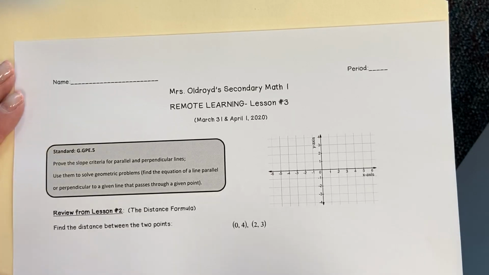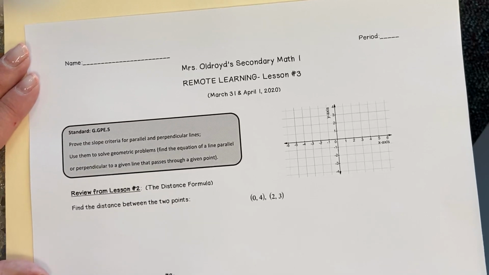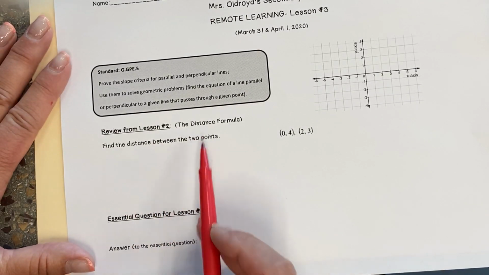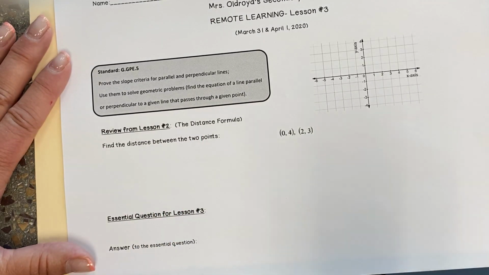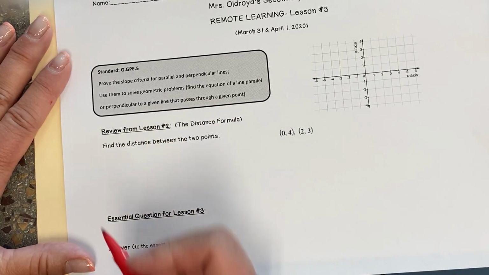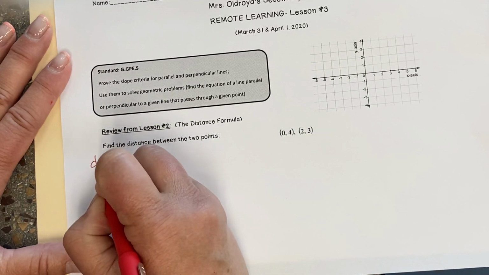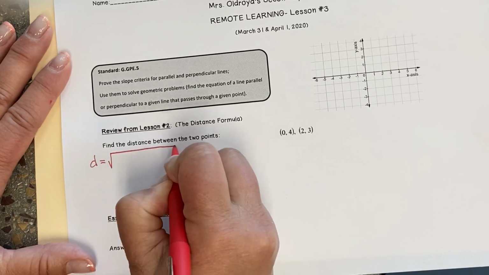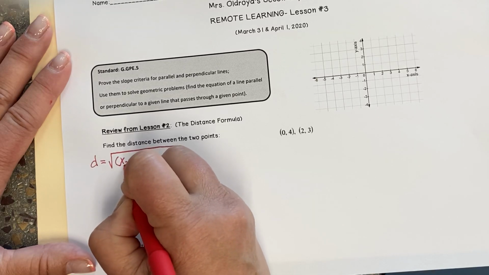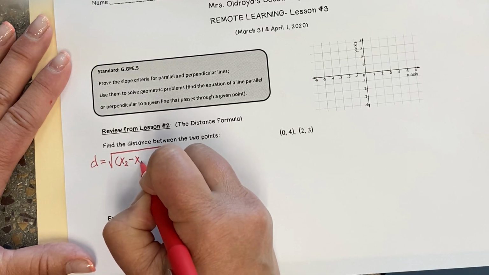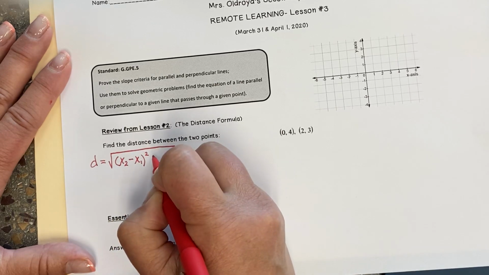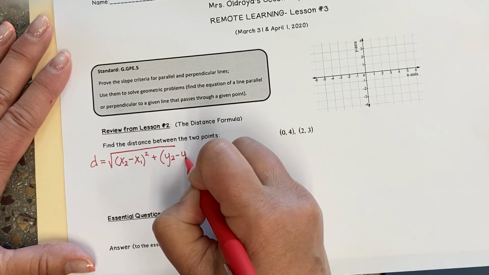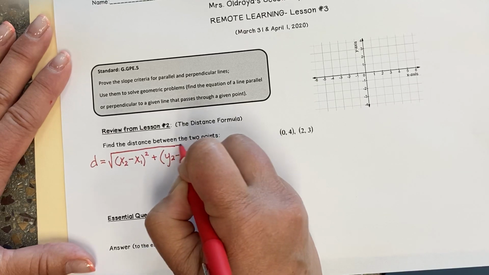Okay, first thing we're going to do is review from lesson number 2, the distance formula. So find the distance between 2 points. Now, if you look up distance formula online, you're going to get this scary formula that looks like this: distance equals square root of (x sub 2 minus x sub 1) squared plus (y sub 2 minus y sub 1) squared.